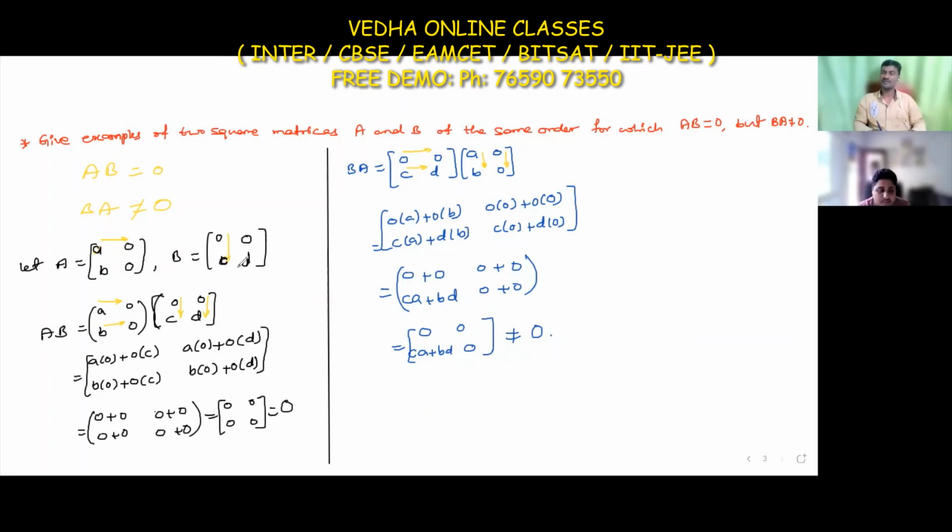So we took two square matrices A and B so that AB is 0 but BA is not 0.